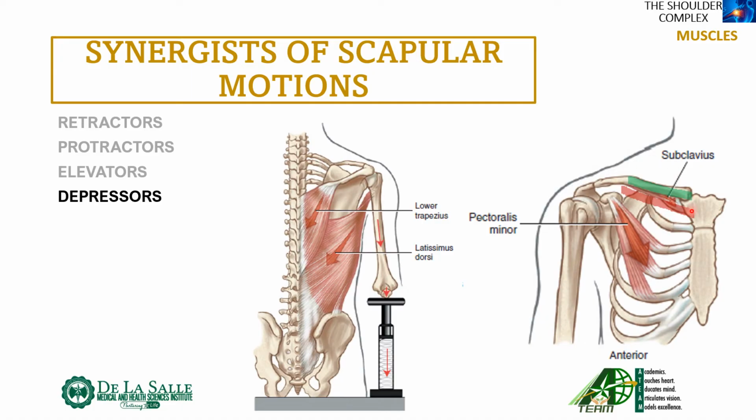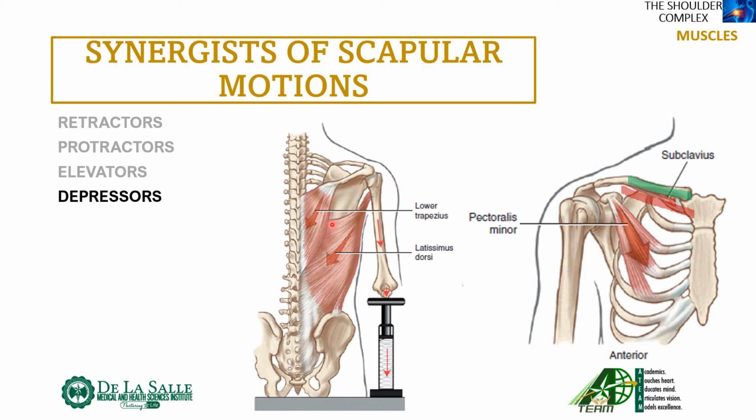But its action is focused more on the stabilization of the sternoclavicular joint, because as you can see, if the subclavius contracts, it will push the clavicle towards the sternoclavicular joint, therefore stabilizing it. And as to the depression of the scapula, it has a minimal contribution or a small amount of depression torque to provide. Next, we have your pectoralis minor and your lower trapezius.